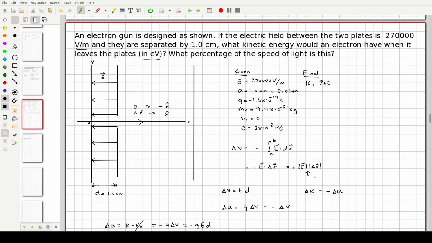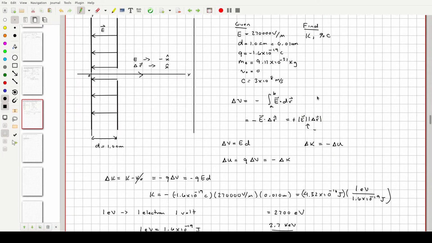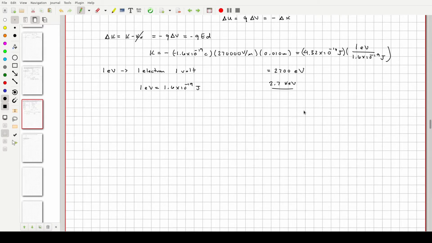Now the next thing we want to do is to find out what percentage of the speed of light this electron would have as it traveled out. Now to do that, we're just going to use the equation for kinetic energy, 1/2 mv squared.